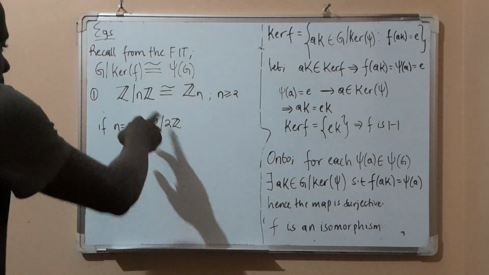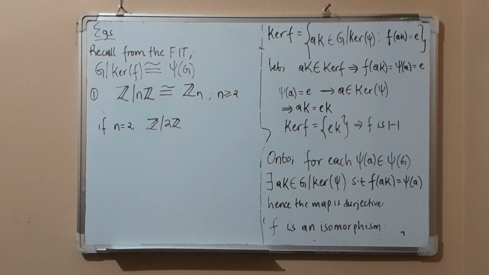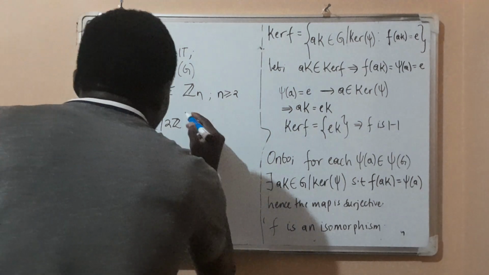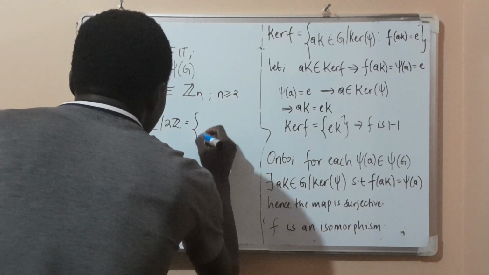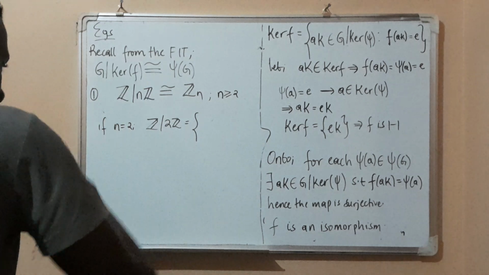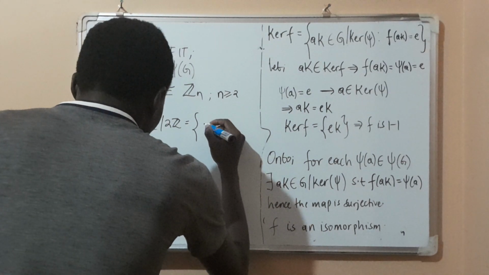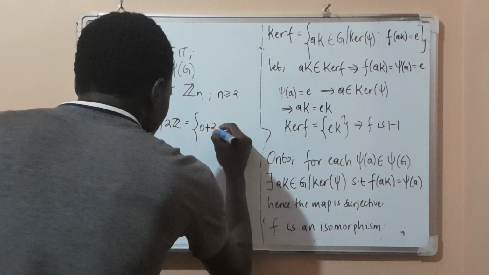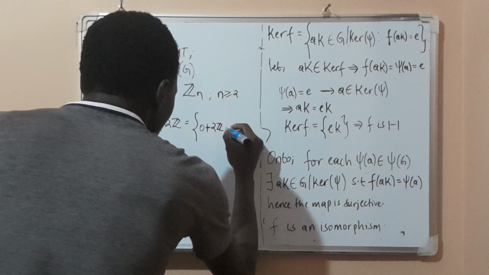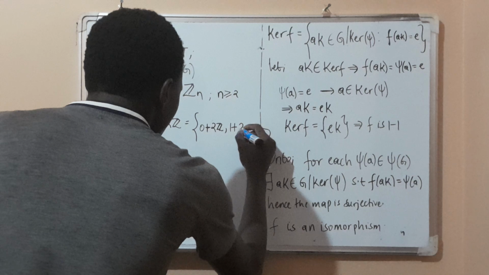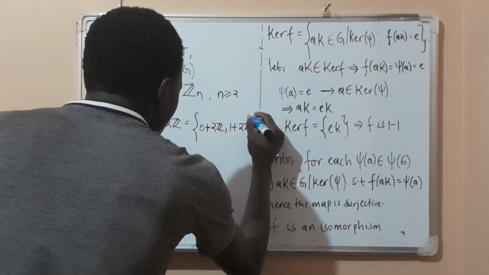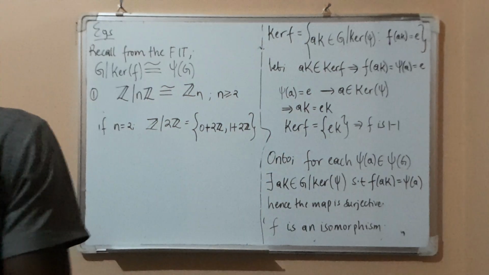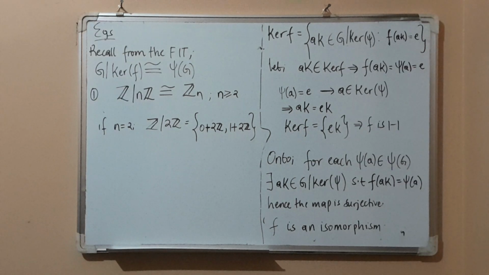Now, elements within that group are cosets. Here we have the elements, the cosets 0 plus 2Z, comma 1 plus 2Z. These are the elements within that group.